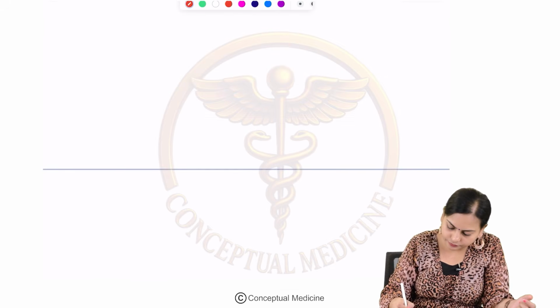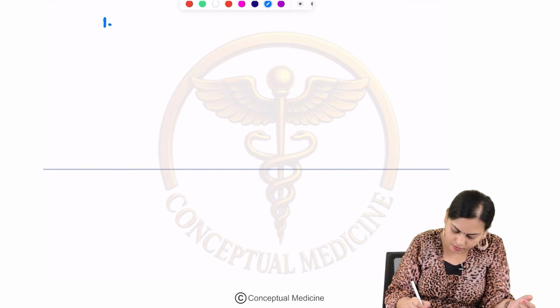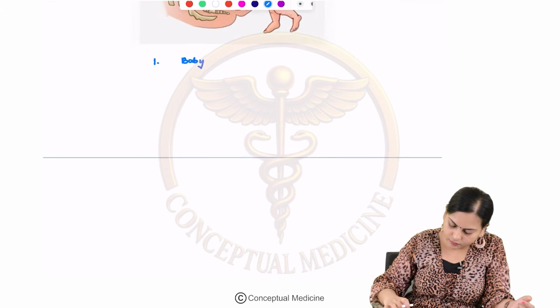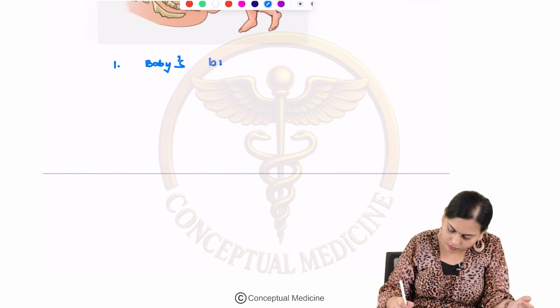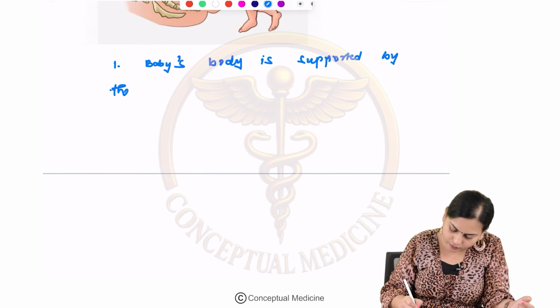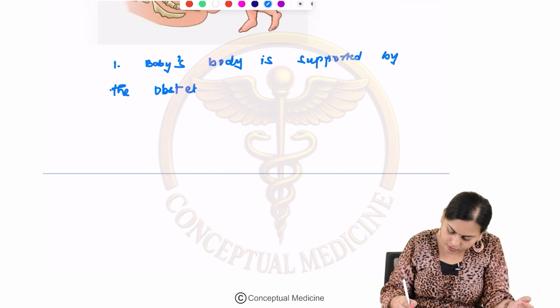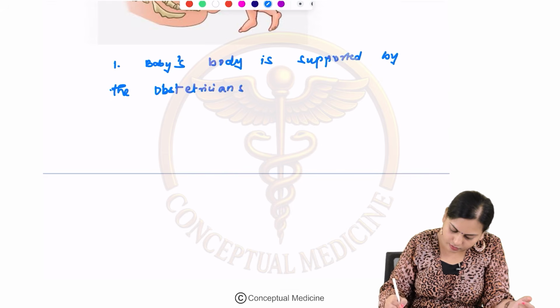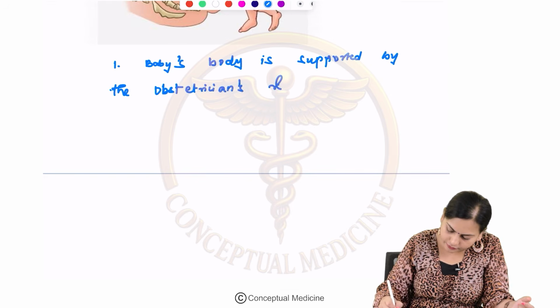So, first, the baby's body is supported by the obstetrician's left forearm.